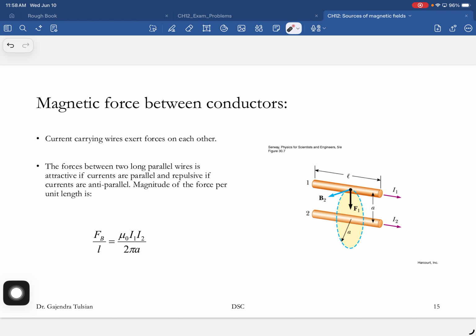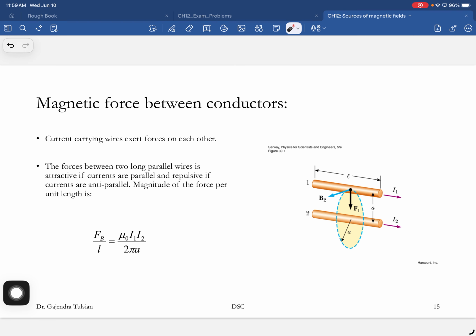Two infinitely long conductors carrying currents in the same direction: the force per unit length of the wire, the attractive force, is mu naught I1 I2 divided by 2 pi a. And if the current is in the opposite direction, the force is repulsive, and the magnitude of the force is given by the same expression.